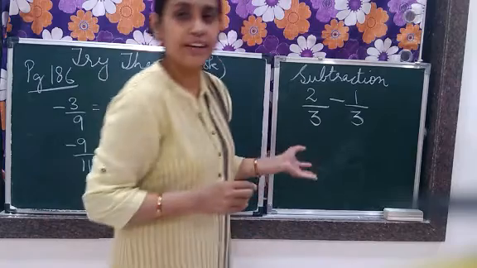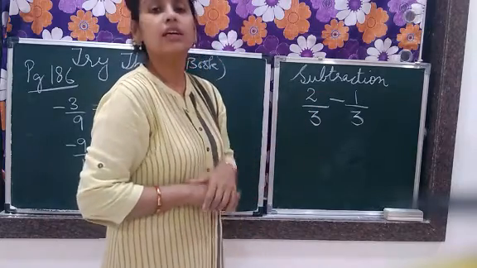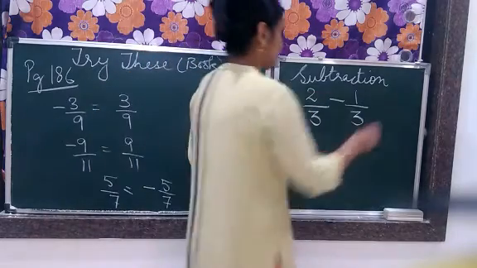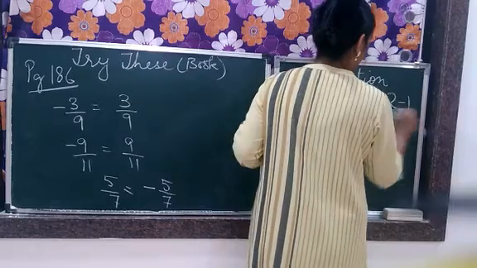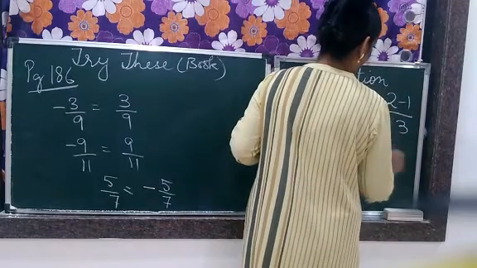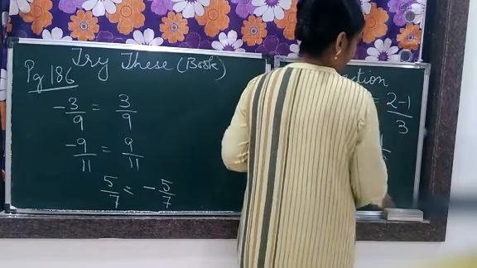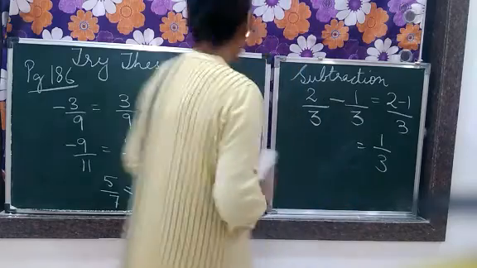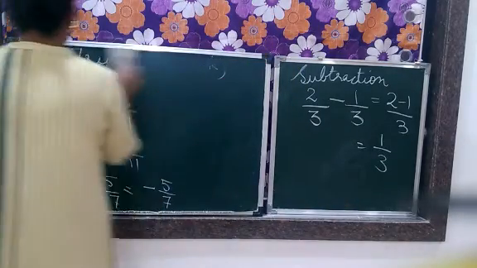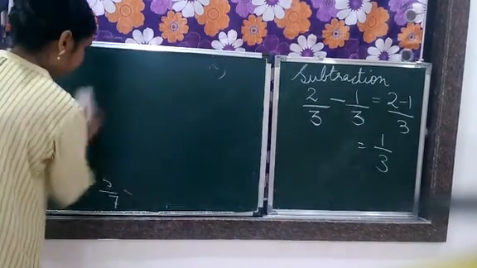We take the denominators common and then we subtract the numerators. And if the denominators are not common, we make the denominators common. How to make the denominators common?